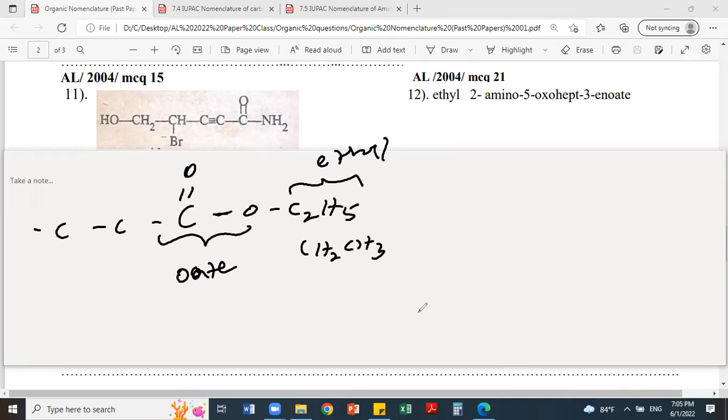Understood? This is the ester group, C double bond O group. Therefore, if it is CH3 this side, then we write methyl group. That's the ester group. I don't know whether you remember the IUPAC nomenclature of esters. I did it separately under 7.4, as I remember.